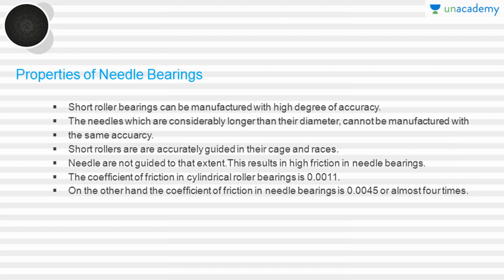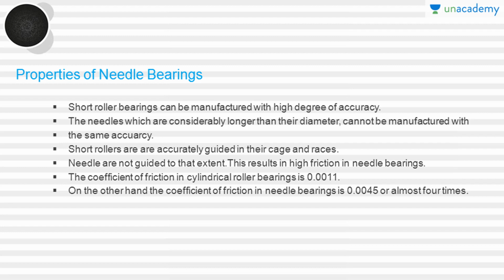And this results in high friction in needle bearings. The coefficient of friction in a cylindrical roller bearing is 0.0011. On the other hand, the coefficient of friction in a needle bearing is 0.0045, almost 4 times the coefficient of friction of the cylindrical roller bearing. So this is the difference between the cylindrical roller bearings, which have short rollers, and the needle bearings.